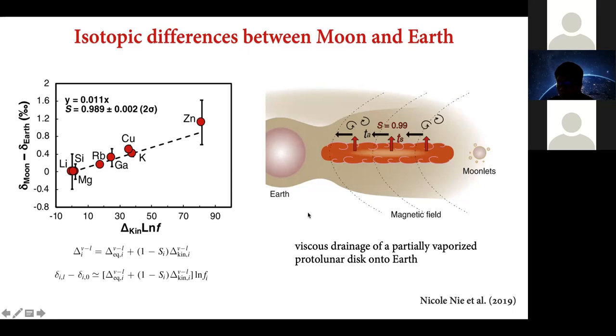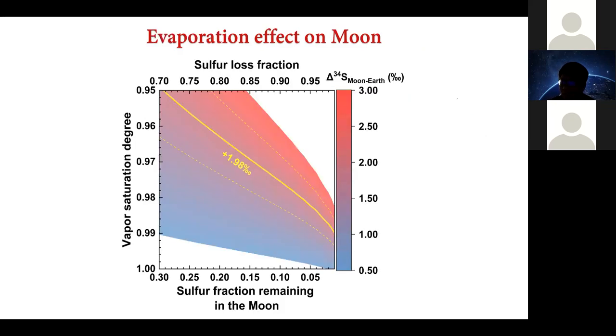Such a condition, as suggested by Nicolas's paper, may be related to vapor drainage in the proto-lunar disk. So following that, we also modeled the difference in sulfur isotope composition between Moon and Earth as a function of the degree of saturation and the degree of sulfur loss. Here is the sulfur fraction remaining in the Moon. Here is the vapor saturation degree.